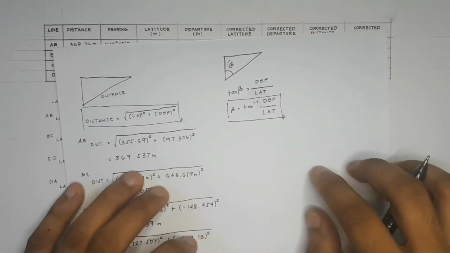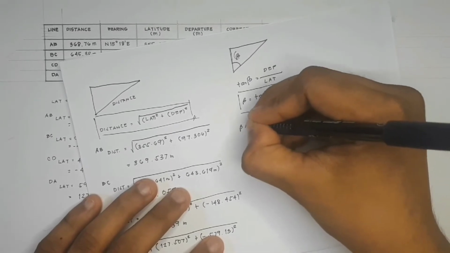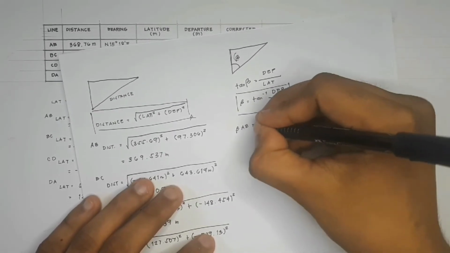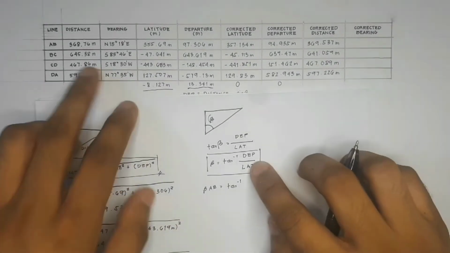So first we have the bearing angle of AB. So we have the arctangent of departure of line AB.